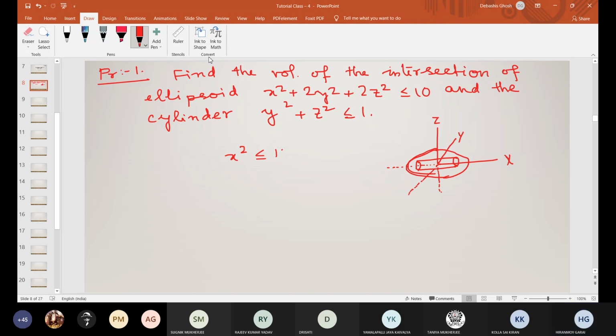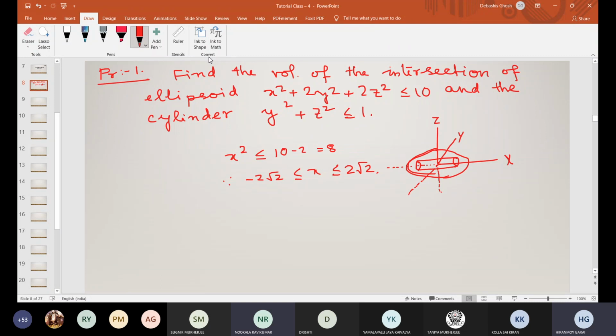Then it is 10 minus 2, which is 8. So x has its range from minus 2 root 2 to root 2. Now we are considering the cylindrical coordinates, keeping x as it is.